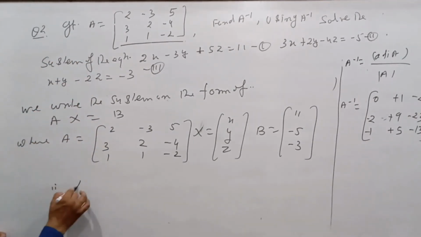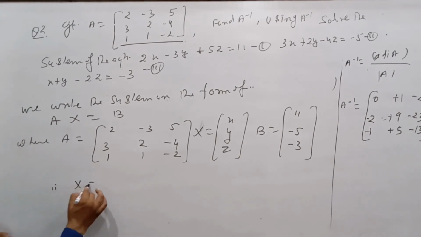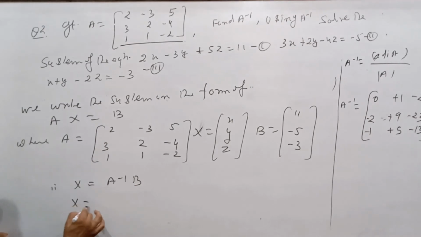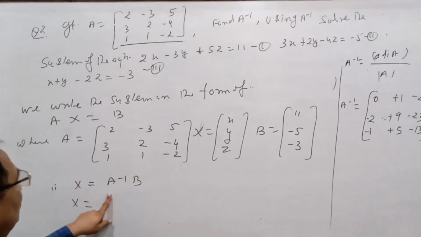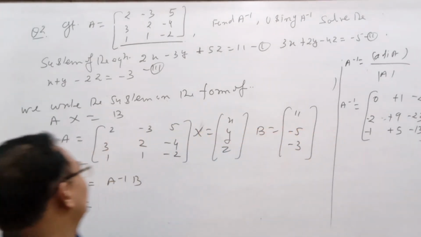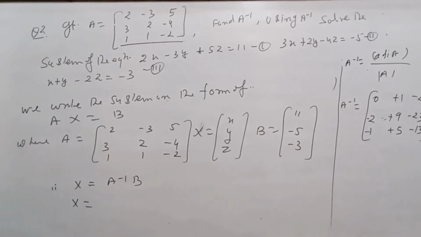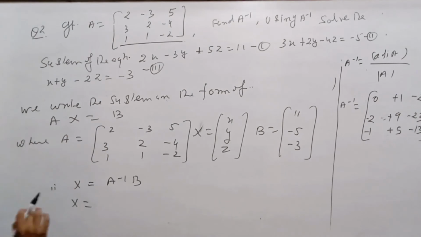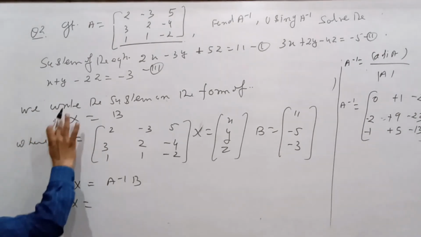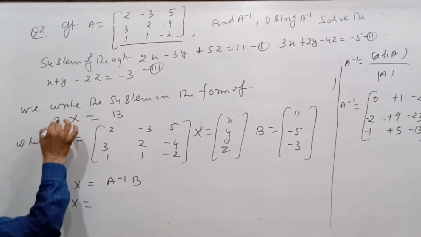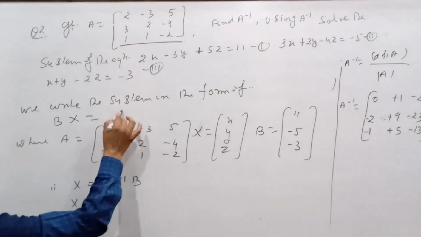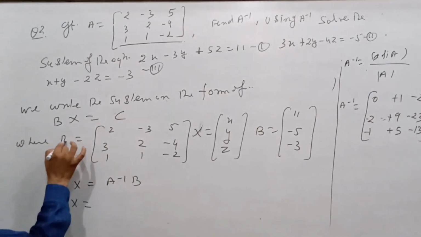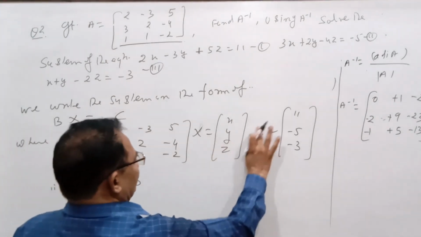So therefore X is equal to A inverse B, and we already have the value of A inverse equal to this. Because both matrices are the same, we can also say here, suppose this matrix is B, that is say C.